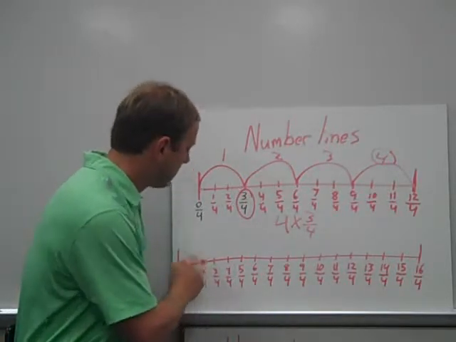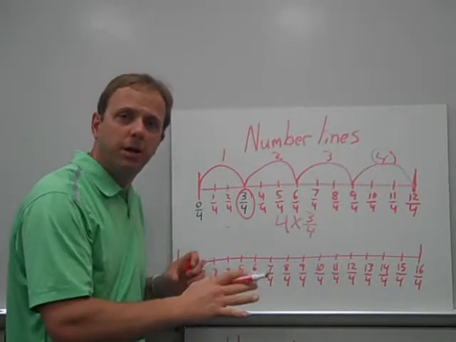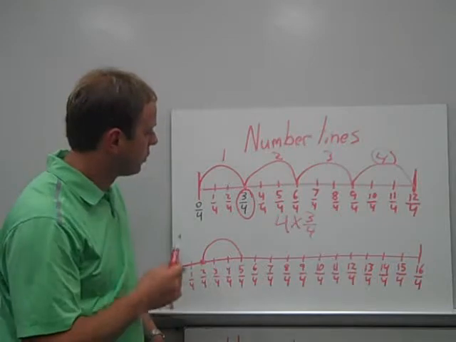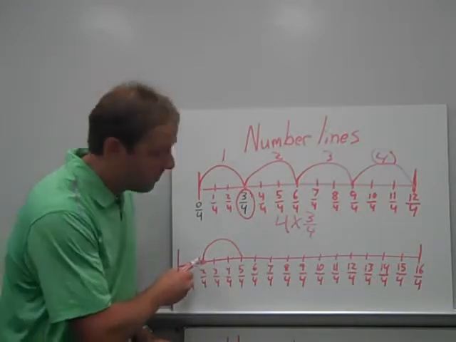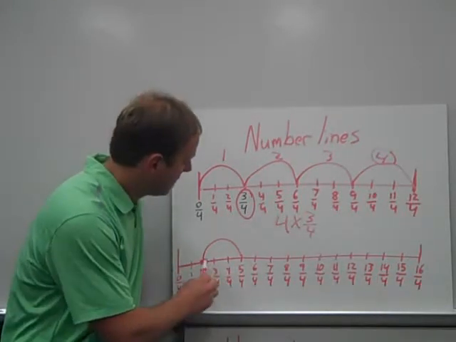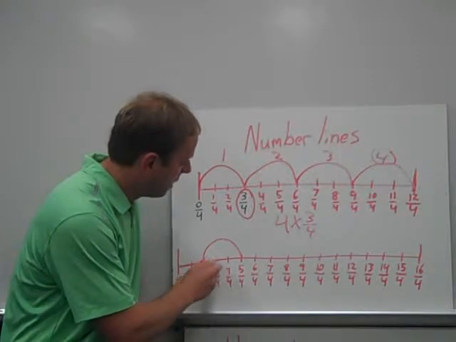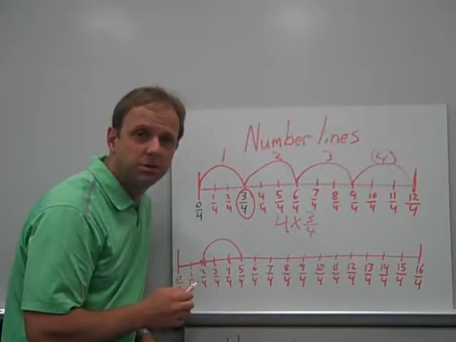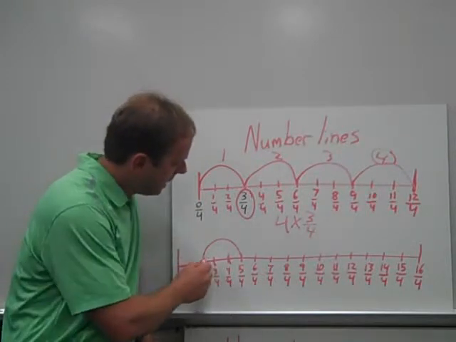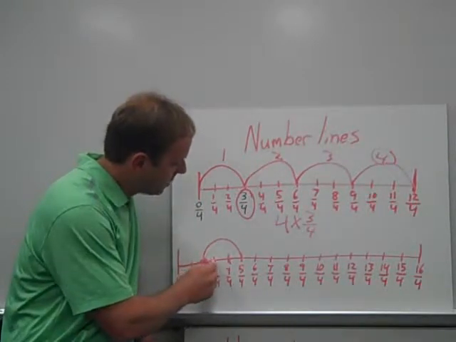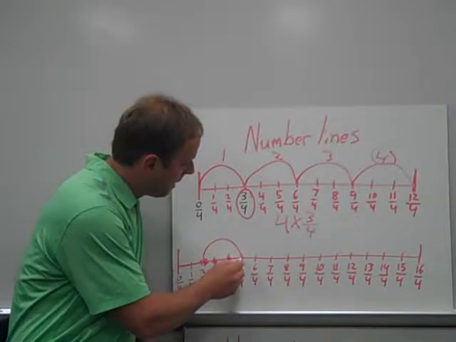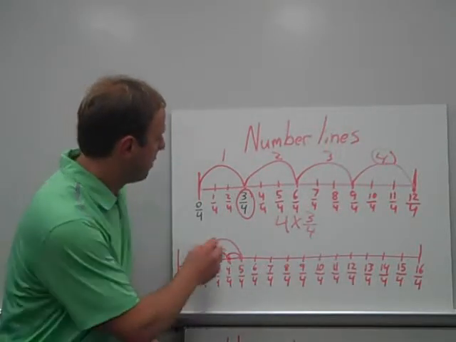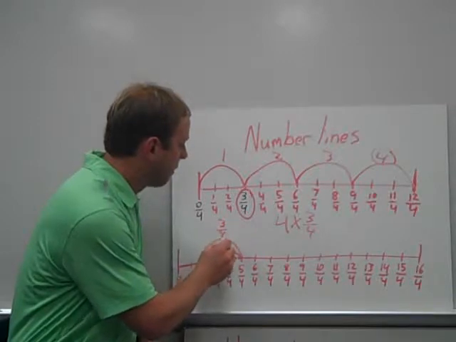However, let me caution you, because it doesn't always start at 0. Sometimes you'll start somewhere in the middle of a number line. So in this case, you have to be able to read the number line. Now, the common mistake I've seen people make on this is to count the lines, 1, 2, 3, 4, and call that 4/4. We don't do that. We count the interval, the space in between each point. And we have 1, 2, 3, so that would be 3/4.